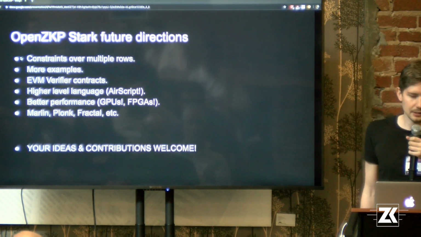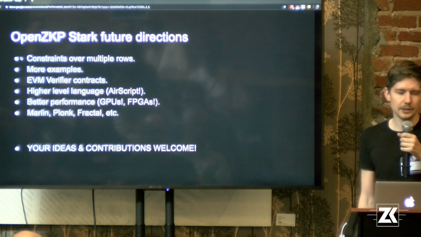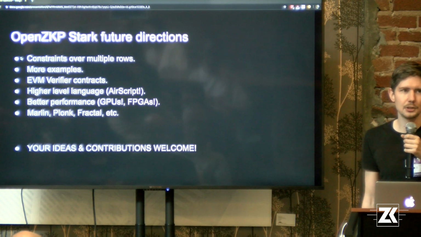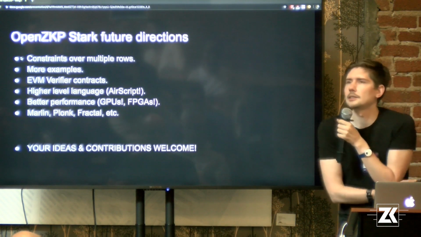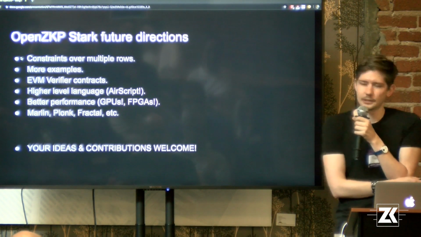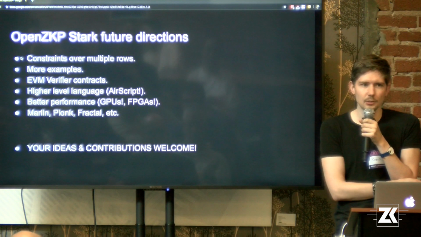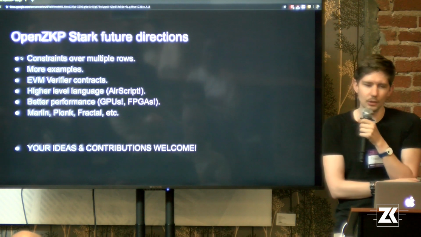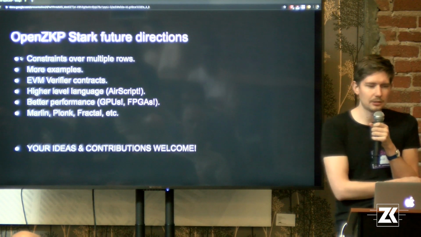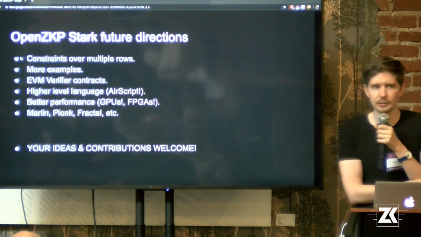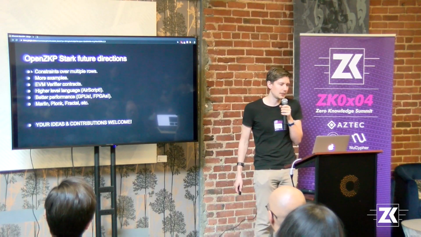We love to optimize this stuff, and in fact, it seems viable to implement this on GPUs or even FPGAs to get more performance. Another thing is that it has a good FRI implementation, low degree testing implementation, so it should also be doable to implement transparent, no trusted setup, Marlin, Plonk, Fractal, etc. on it, which would be an interesting direction.